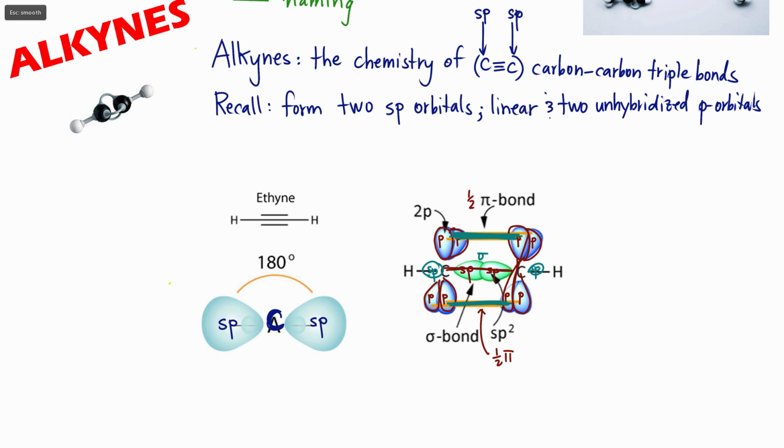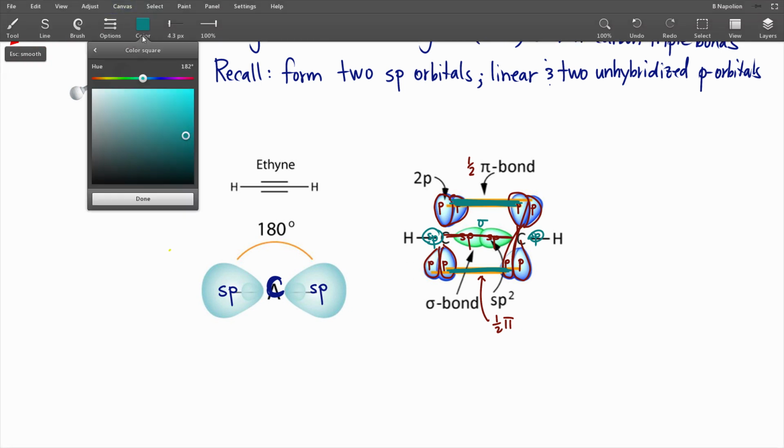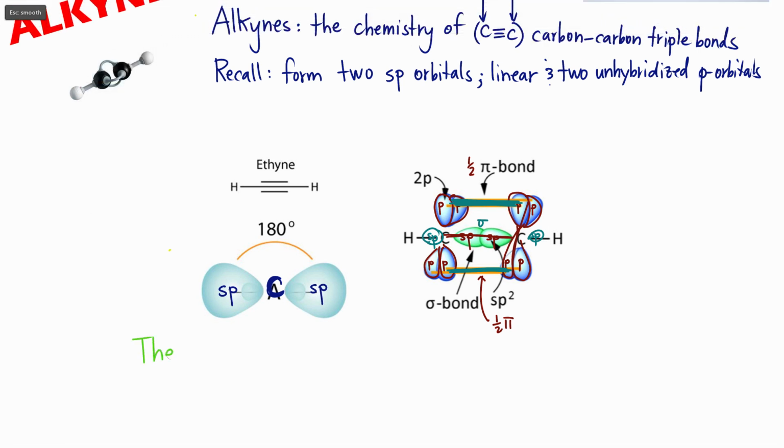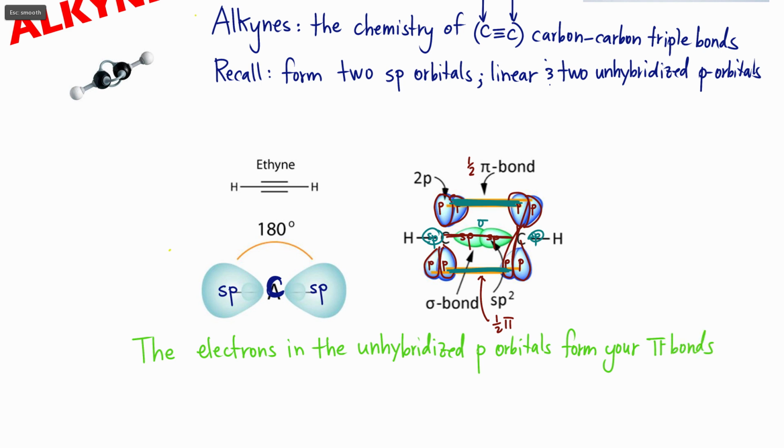Okay, so all of this we already know from chapter 1. Now let's also remember that the electrons in the unhybridized p orbitals form your pi bonds.